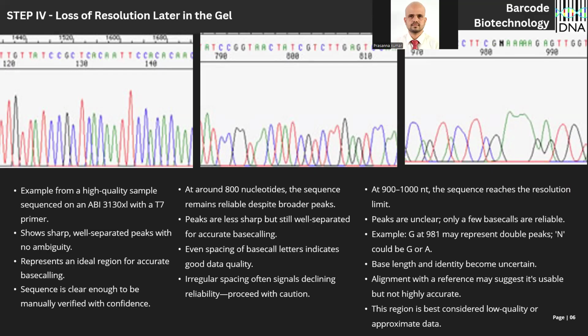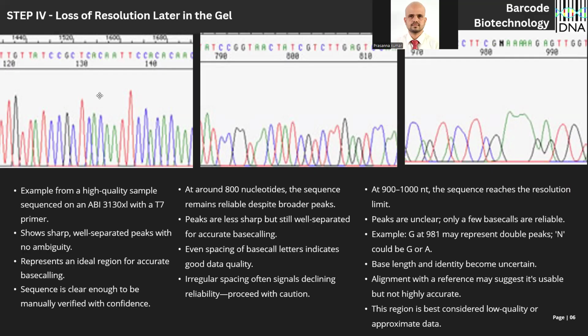This is because of various reasons in the technology, not the samples. The ABI machine we have usually shows sharp peaks in the middle region. The initial base calling and the final region are usually sluggish.